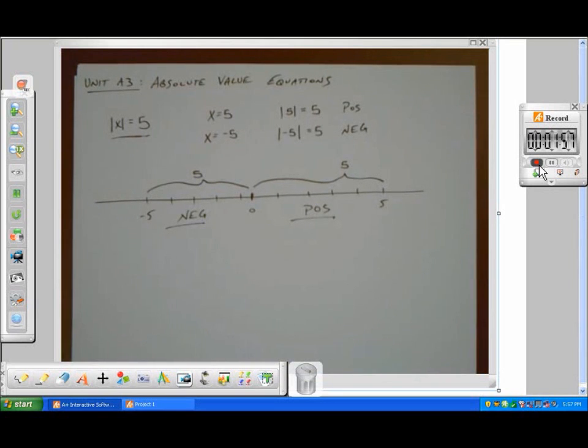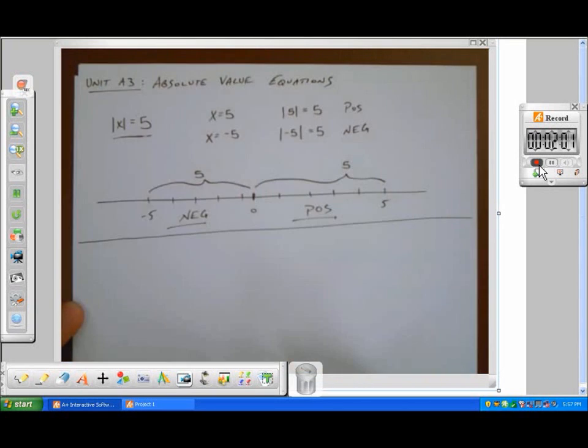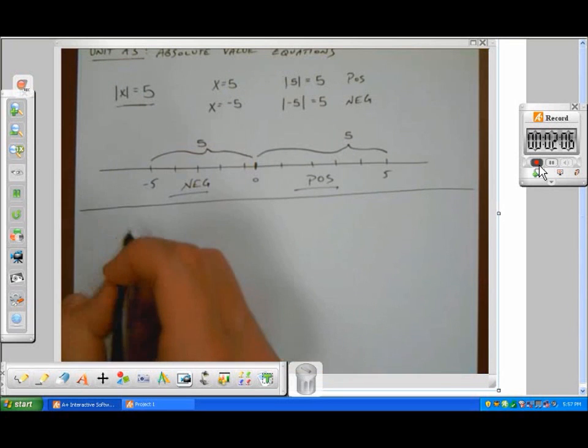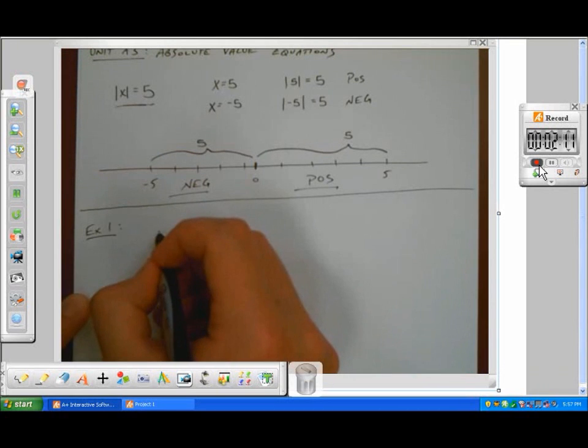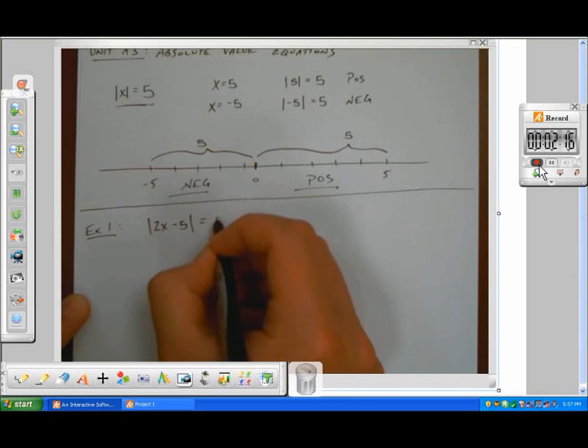So let's see an example of an absolute value equation that you're going to see in this class. These are just a little more complicated than this first example. So we'll call this example 1. The absolute value of 2x minus 5 equals 9.